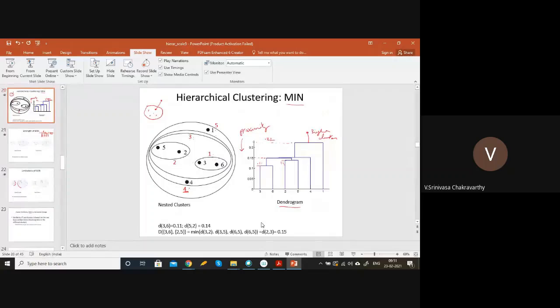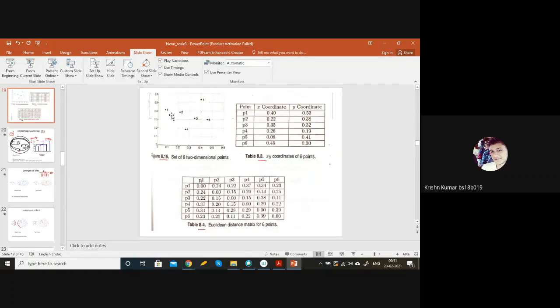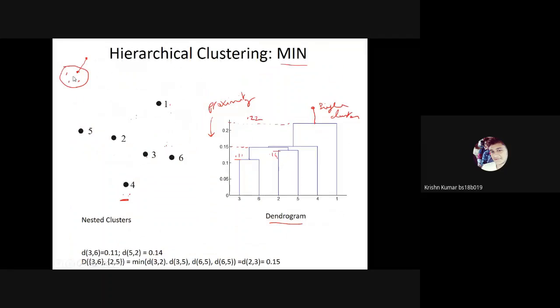When we are combining two single points in one cluster, why don't we combine 0.4 and 0.1 in one cluster? First we combine this one. Next, why don't we combine these two?